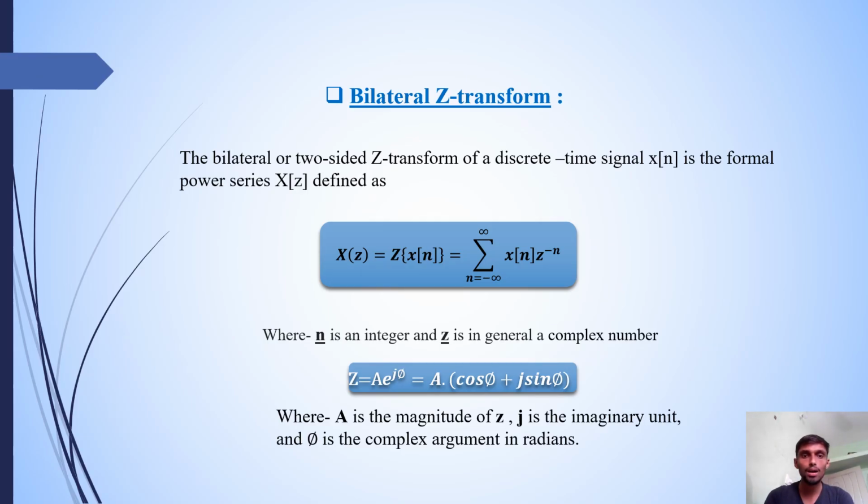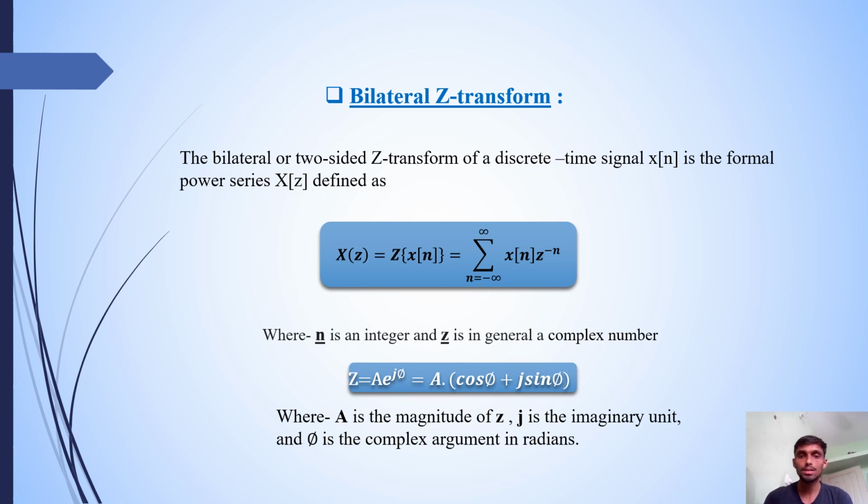The bilateral or two-sided Z transform of a discrete time signal x of n is the formal power series x of z, defined as x of z is equal to the Z transform of x of n, which is equal to the summation from minus infinity to plus infinity of x of n z power minus n.